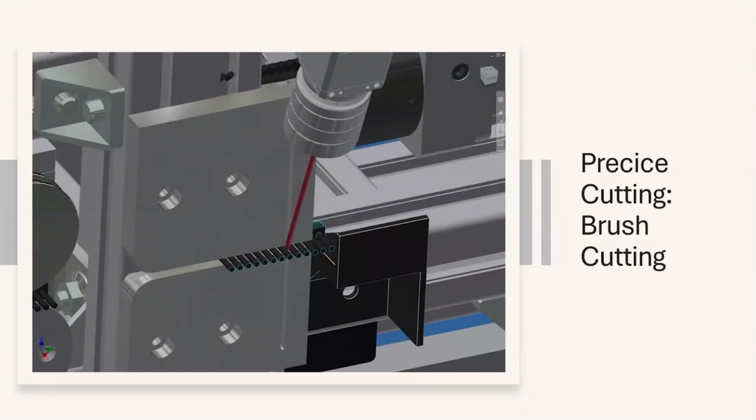A second application that we are currently working on with Bosch is a brush cutting cell. And what's being detected here is the middle of two bundles of brushes. So you don't want to cut just anywhere in this brush, but you want to have a fixed point in between these bundles.